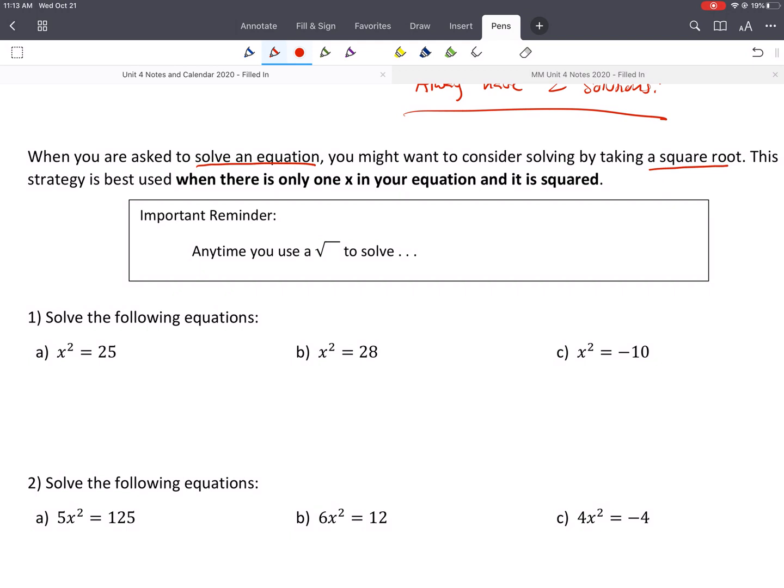This strategy works best, and this is important because in the future we're going to be comparing which methods work best for certain situations, when there is only one x in your equation and it's squared. So basically there's not an x that doesn't have a square on it. We'll skip this part.